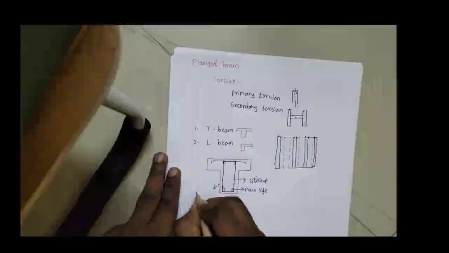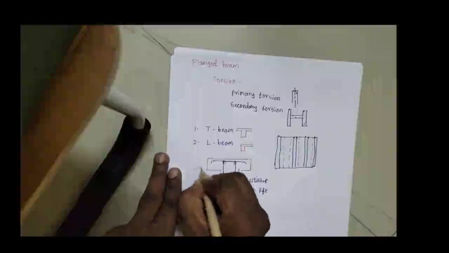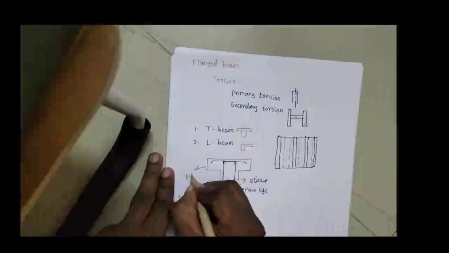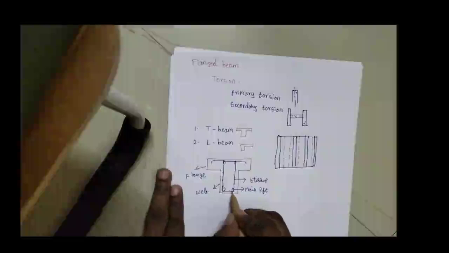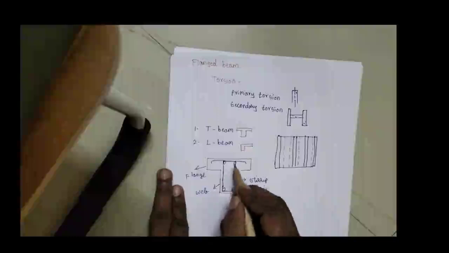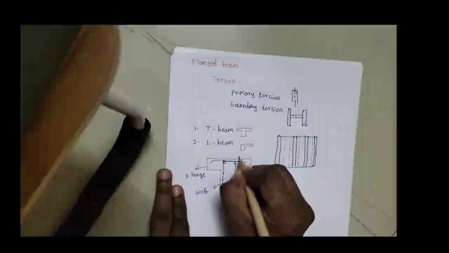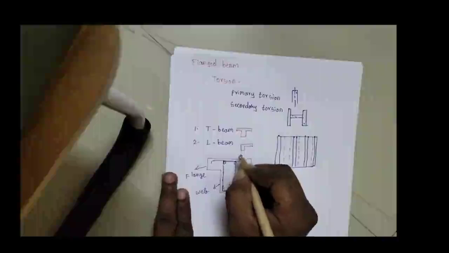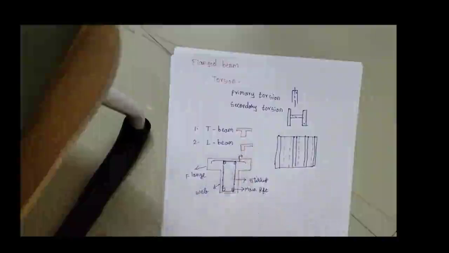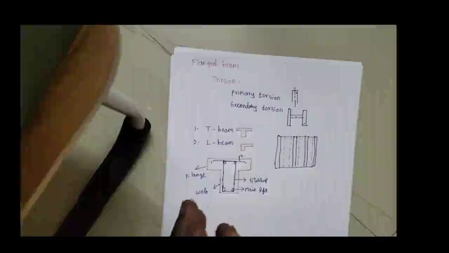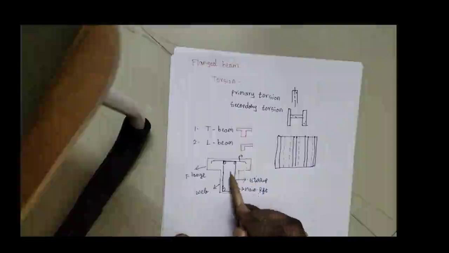This element will be called the web, and this element will be called the flange. Since we are providing it at the bottom, it will be called the tension reinforcement. This will be called the compression reinforcement, and this additional reinforcement will act as an integral element which will help to transfer the load from the slab to the beam.